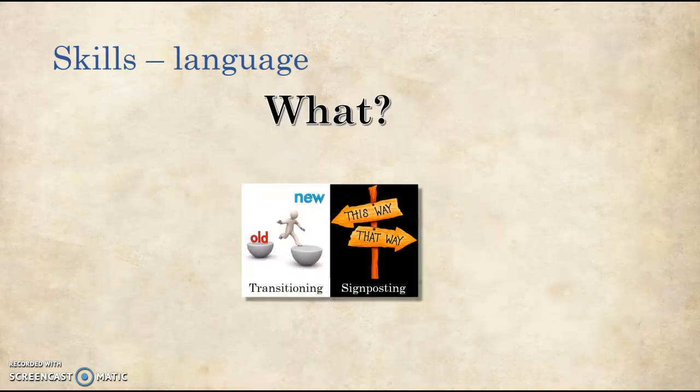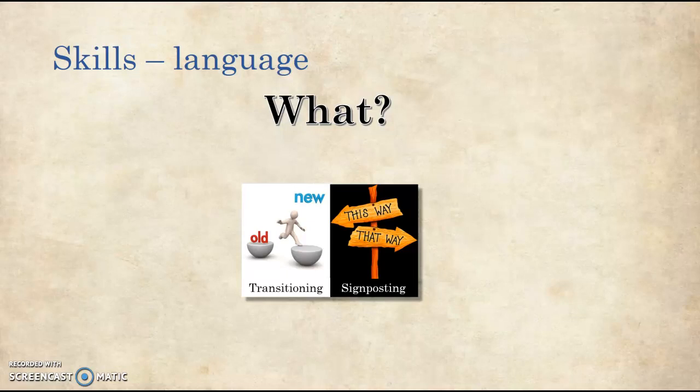Speaking in more detail about transitioning and signposting language, there's a bit of an overlap between the two. What I mean by transitioning language is basically the phrases and language that signal that you are about to start talking about a point, or you have finished talking about a point and now you are moving on to another point.